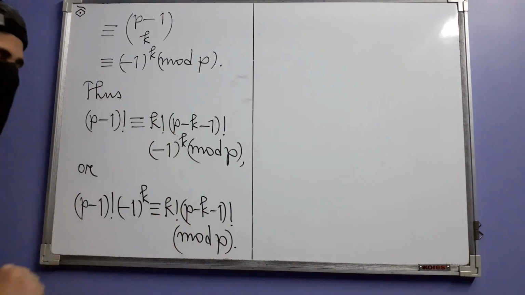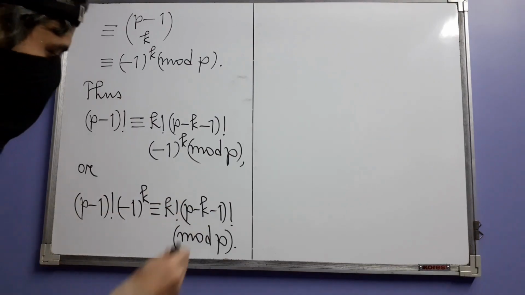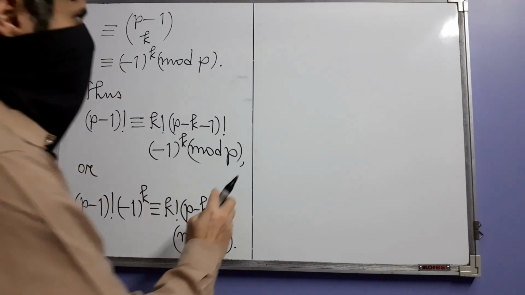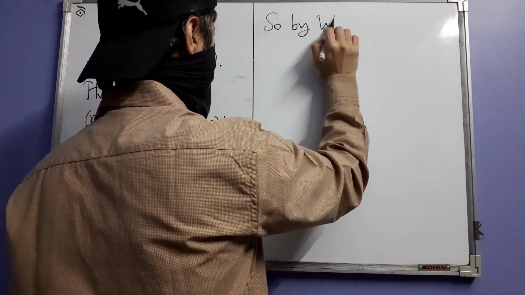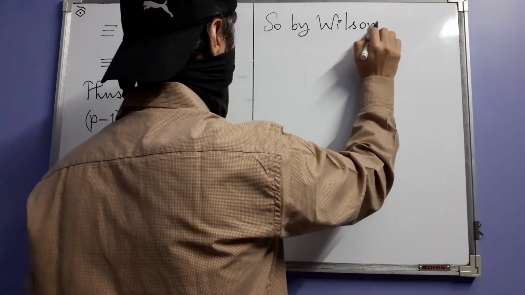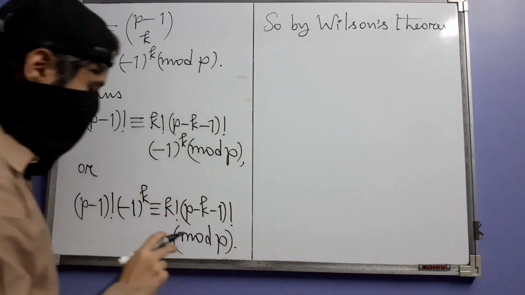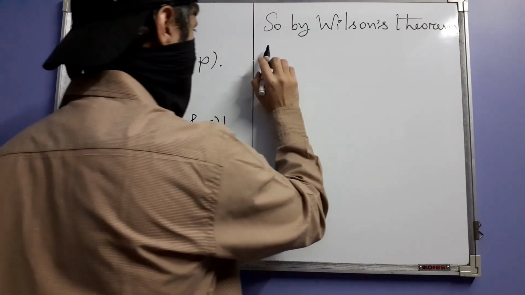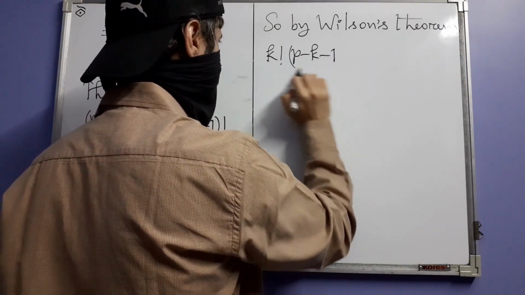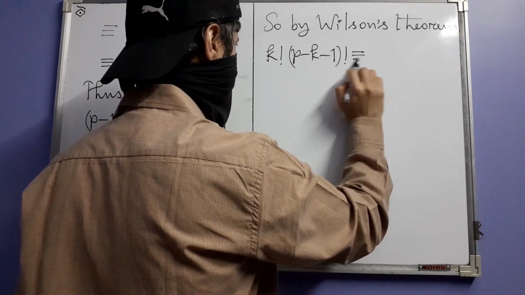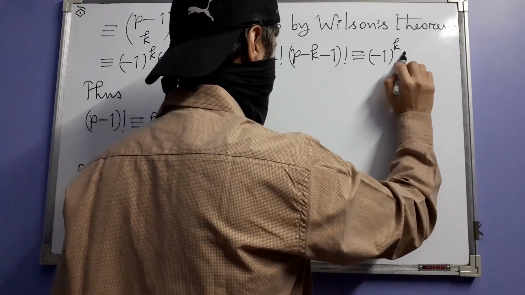We use Wilson's theorem once, and we have to just interchange the sides of this congruence. So by Wilson's theorem, we write this side first, k factorial times p minus k minus 1 factorial is congruent to p minus 1 factorial, which is congruent to minus 1.